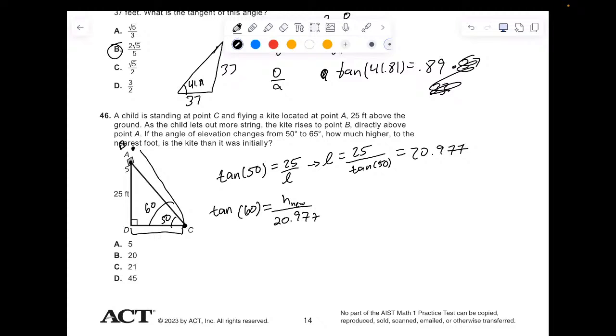Tangent of 60 times 20.977 is 36.33. 36 minus 21 is equal to 15.